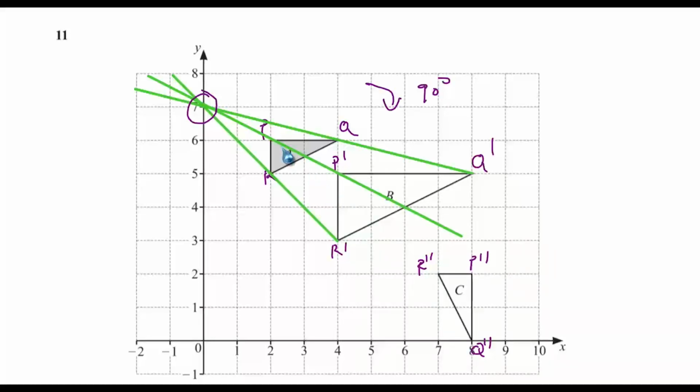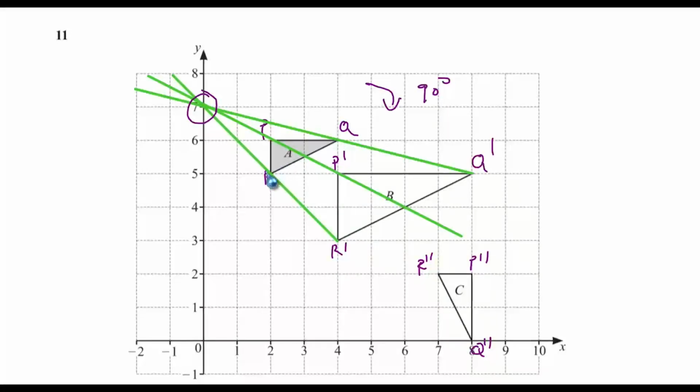So to describe it fully, we need to know the name of the transformation, we need to know the center of rotation, and we need to know the direction, that is the angle and the direction. So we've got only one, that is the name of the transformation, which is rotation. So the next thing is to get the center of rotation.